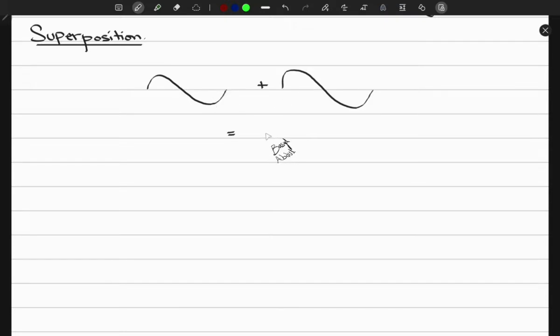This means that the resultant of these two waves will give me a wave with a much higher amplitude in this particular example, which really means that all I'm doing is adding the displacements. Let's suppose that we have displacements x, then the total displacement of this wave is the sum of the displacements of these two separate waves.